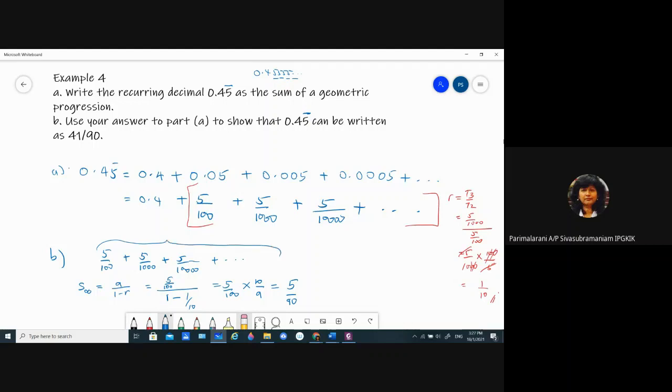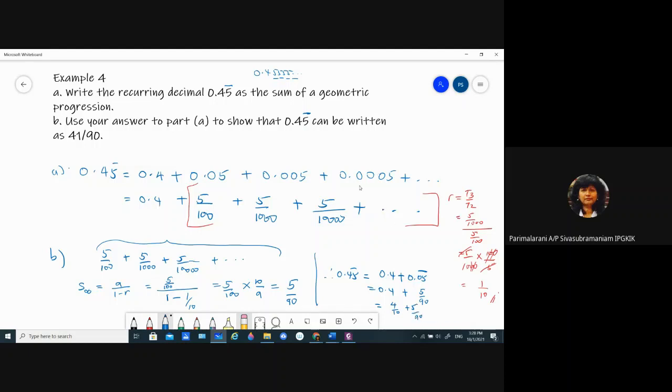So for the whole series, we have 0.45. We have 0.4 plus the whole 0.05 series. So this is 0.4 plus this one, the total is 5 over 90. 0.4 is actually 4 over 10 plus 5 over 90.